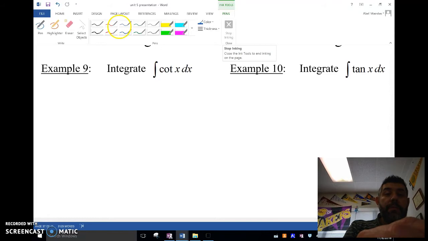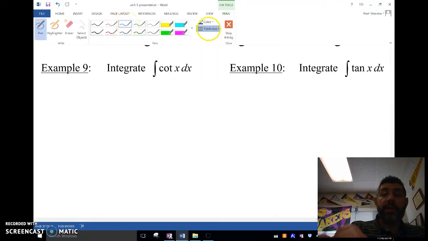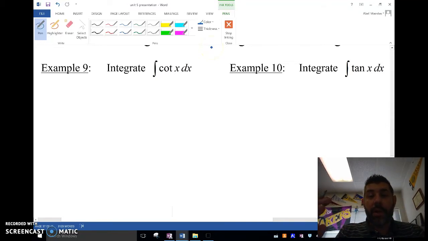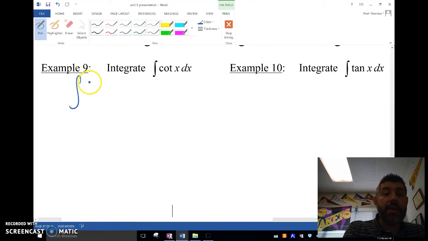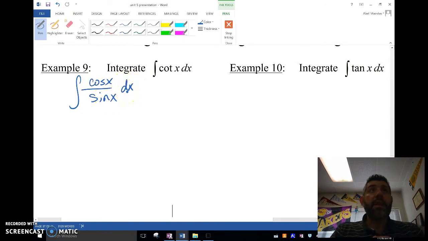So we're going to go ahead and integrate cotangent x. So what do we got to do this? Well, we need it to be like 1 over x something, right? So we're going to change cotangent to cosine of x over sine of x dx. And notice that the derivative of sine is cosine, right?